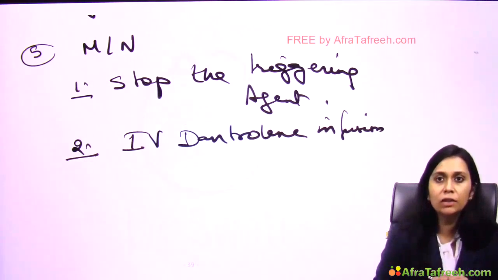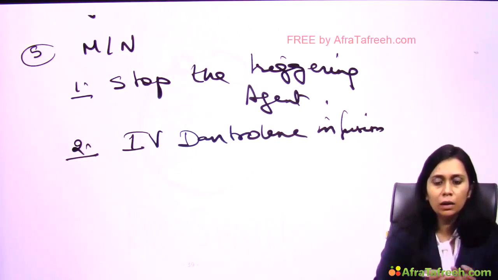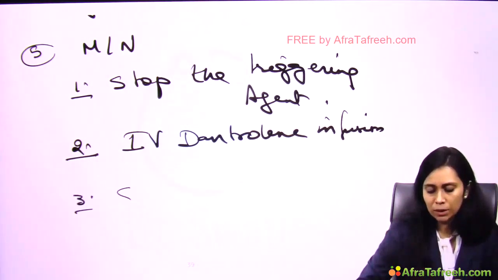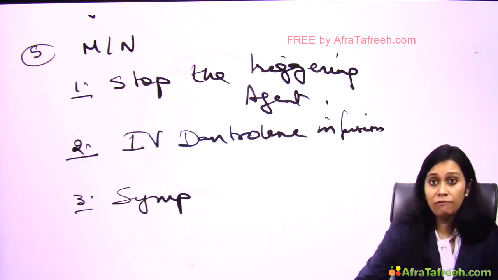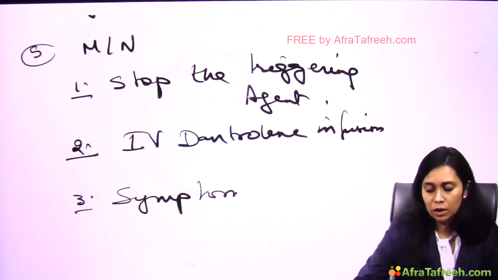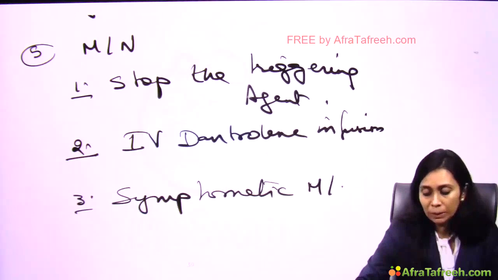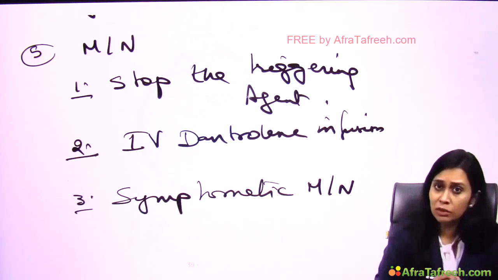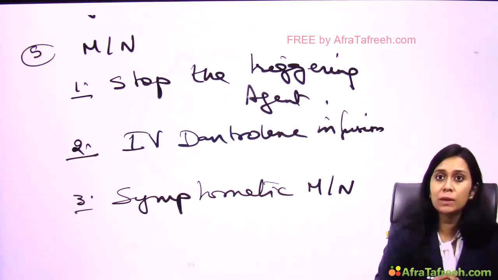Dantrolene stops the release of calcium from the sarcoplasmic reticulum. Malignant hypothermia stops. And third, symptomatic management. We have to do a very fast symptomatic management. Otherwise, we lose the patient before dantrolene has its effect. This is the sequence of management and this is the priority of management as well.